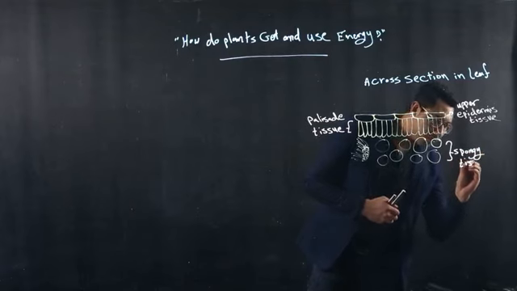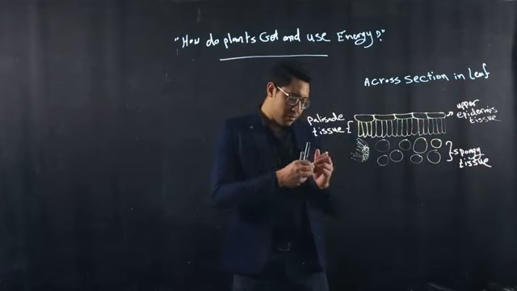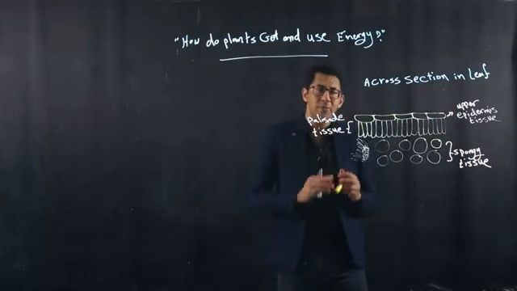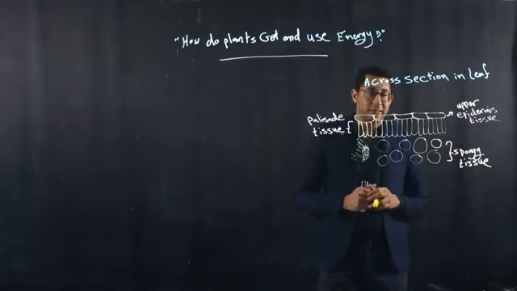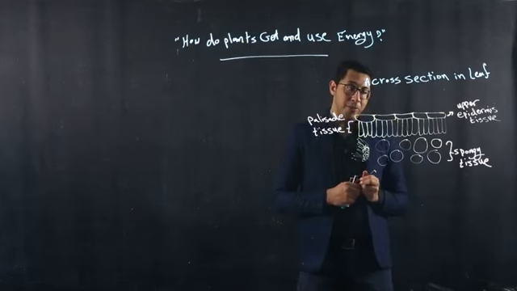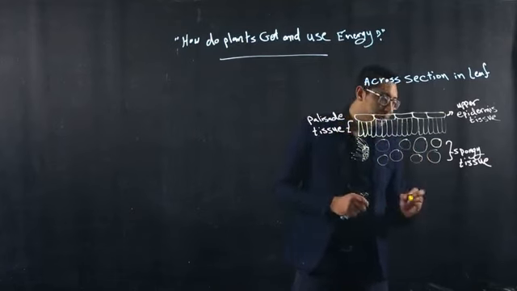The spongy tissue has spaces between its cells. Why does spongy tissue have spaces? To allow air to get in the leaf and to pass through these cells.